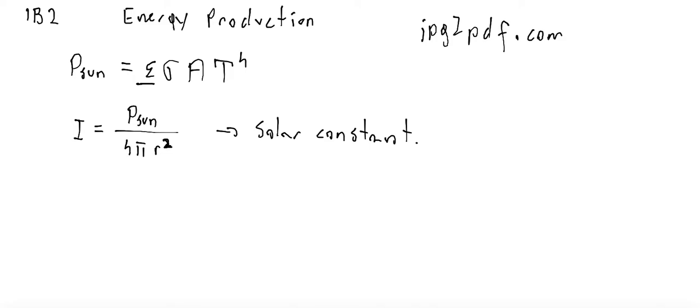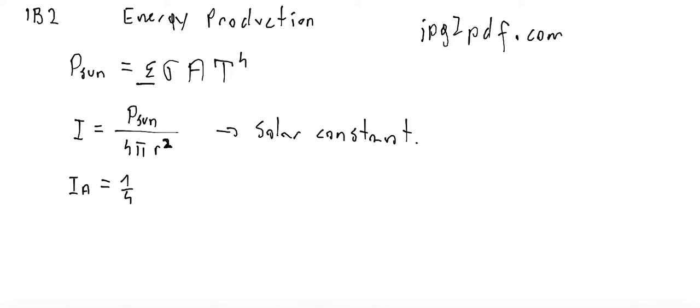Then we used the solar constant and calculated the intensity of radiation absorbed by Earth's surface. We used albedo and this factor of 1/4. I've explained this factor: it occurs because the surface area of the Earth is 4 times bigger than the surface area covered, on average, by the sun's radiation.